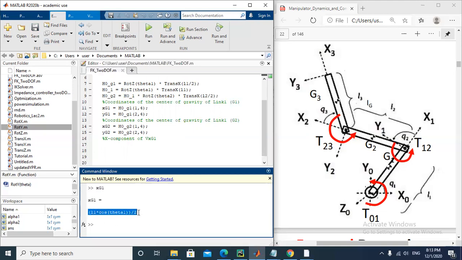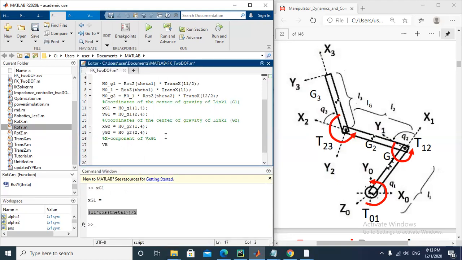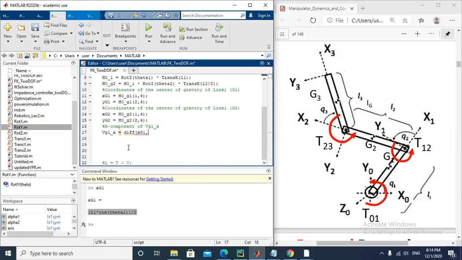This is only a function of one variable. So let me call it vg1x: the velocity of point g1 in the x direction is equal to the partial derivative of xg1 with respect to theta 1, multiplied by omega 1.